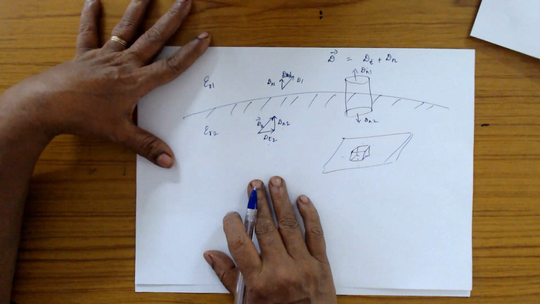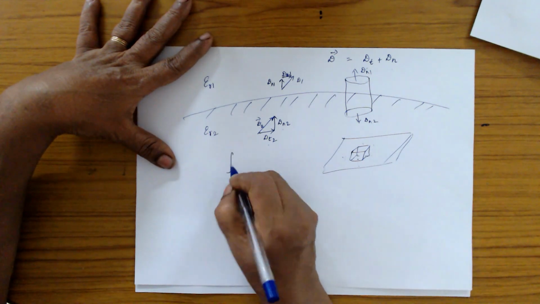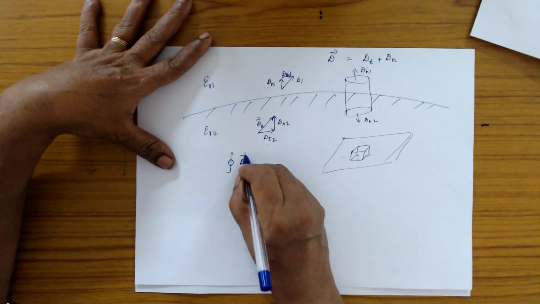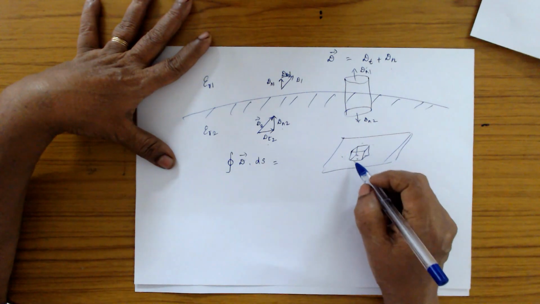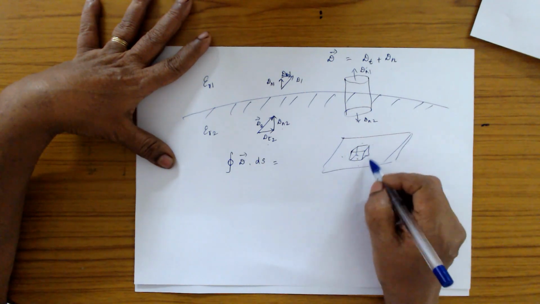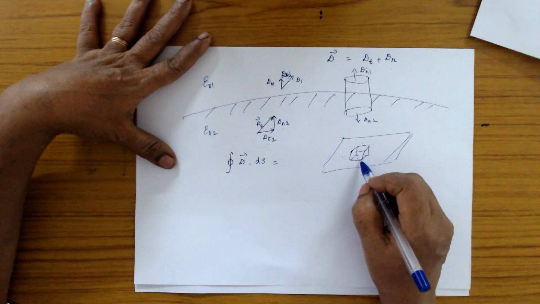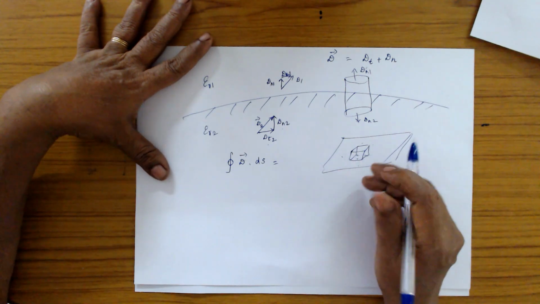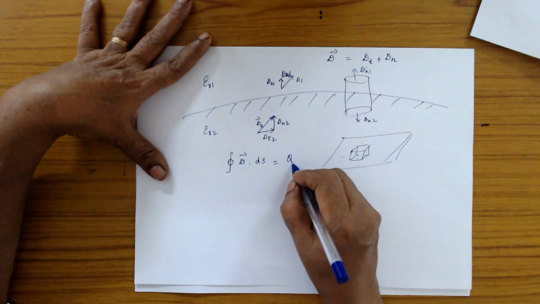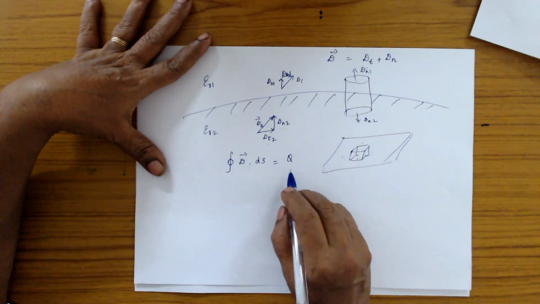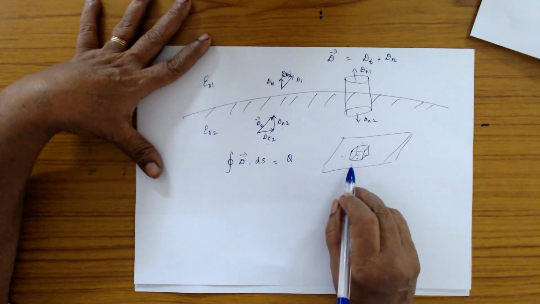From the Gauss law, I can say that the integration of D vector dot dS is equal to, when you say this is a cube, this is a small surface I am talking about. When I am finding the total flux inside this, it depends upon Q, the total charge enclosed in that cube.